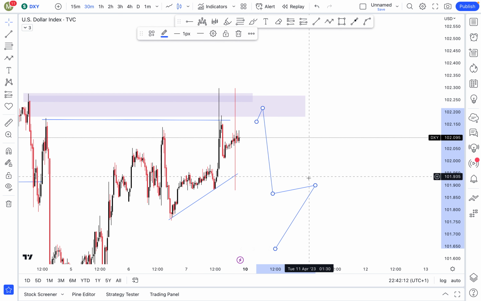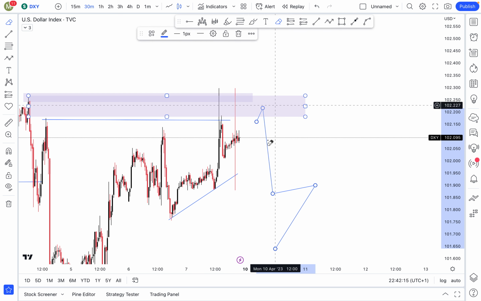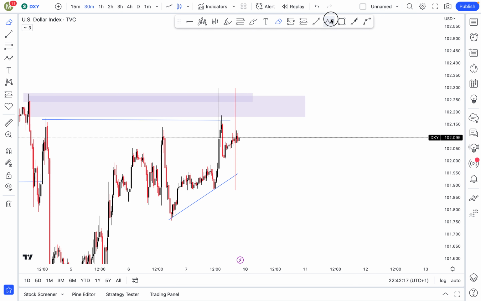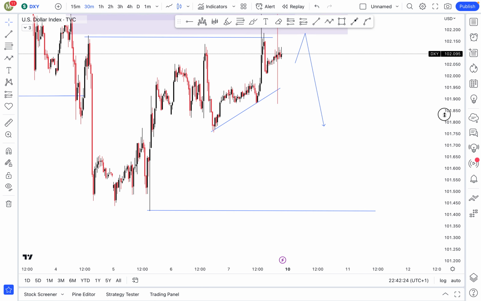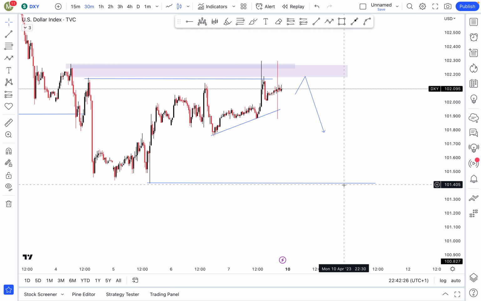Look for selling opportunities here. Price might pull up to drop to the downside. And we're targeting this area here for TPs.